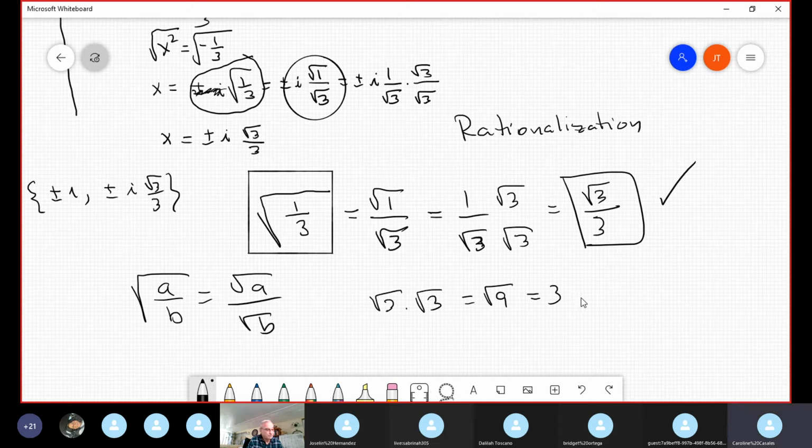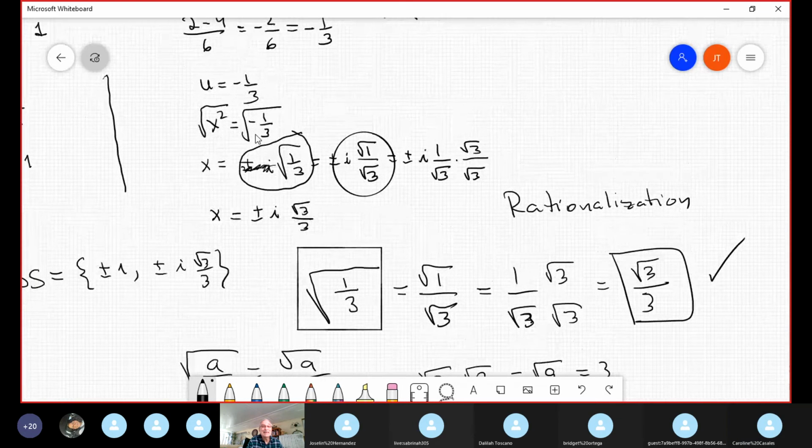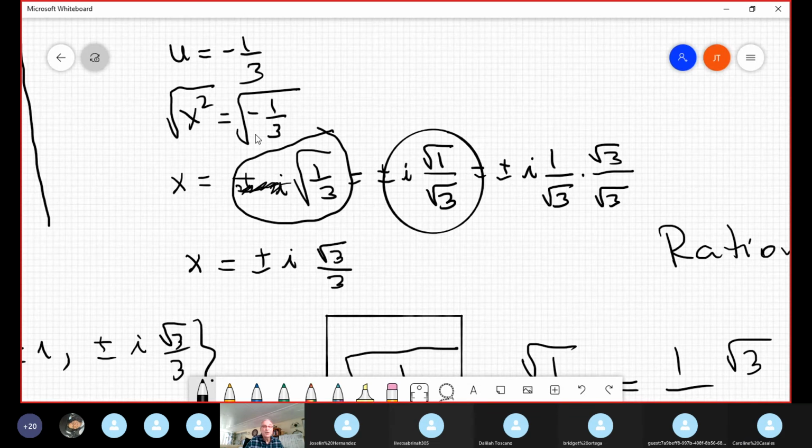Clear? Yes, and also, how come you put the I in front of the fraction? The reason is that in that part we have a square root of negative 1/3.